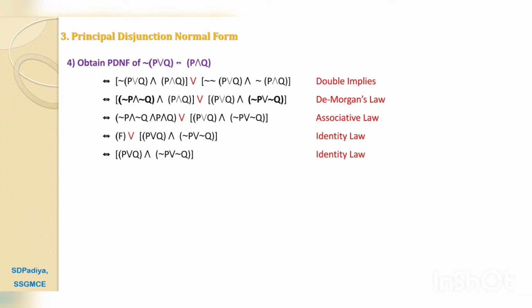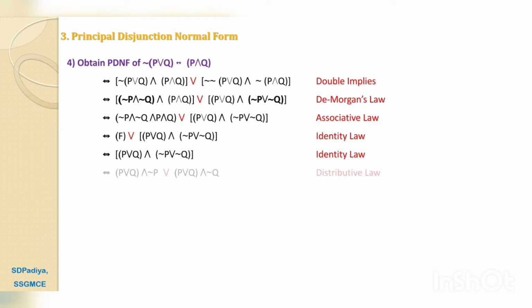Now if we focus, it is P or Q, means elementary sum, and not P or not Q, that is the elementary sum, and these two elementary sums are connected by the product, means it is product of sum, but we require the sum of product. If the situation occurs like this, we have to obtain the sum of product, but the statement formula is in the product of sum, then we can use De Morgan's law or distributive law.